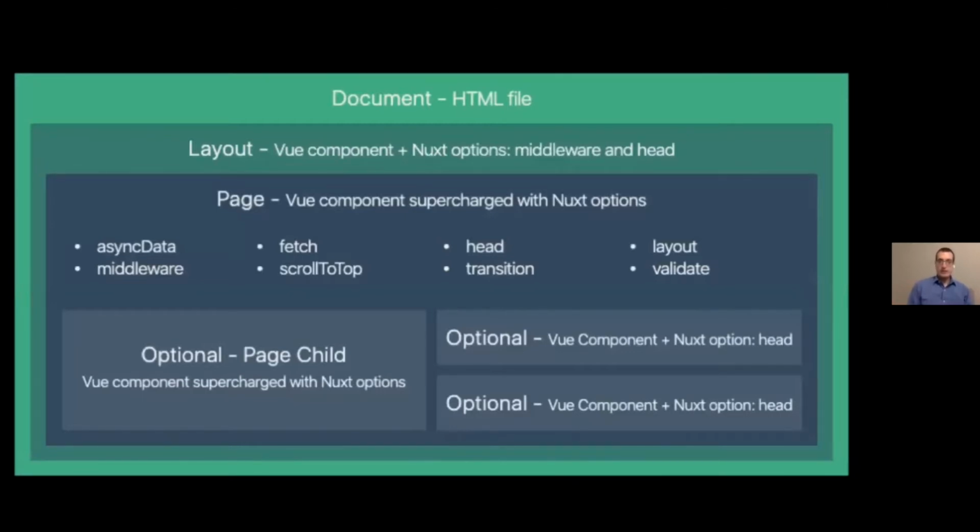And the only really important things you have to pay attention to here are the layouts and the pages. That's what we're going to be building out when we build our project. There's a layout which is going to wrap all of our pages. So if you think of a regular blog, you'd have a home page, you'd have an about page, you may have a page of your whole archive.